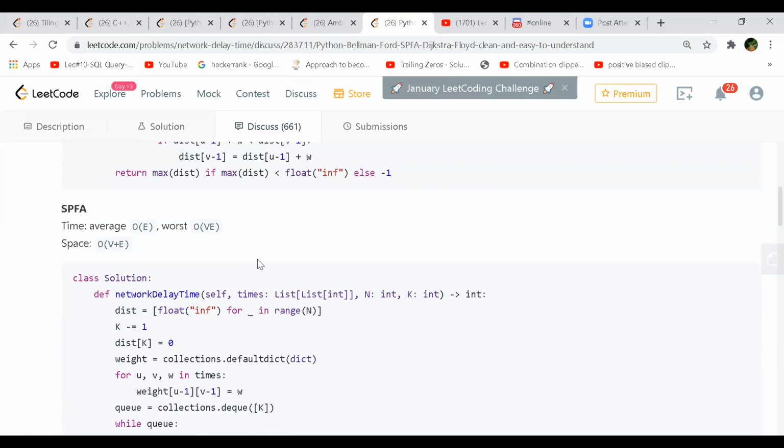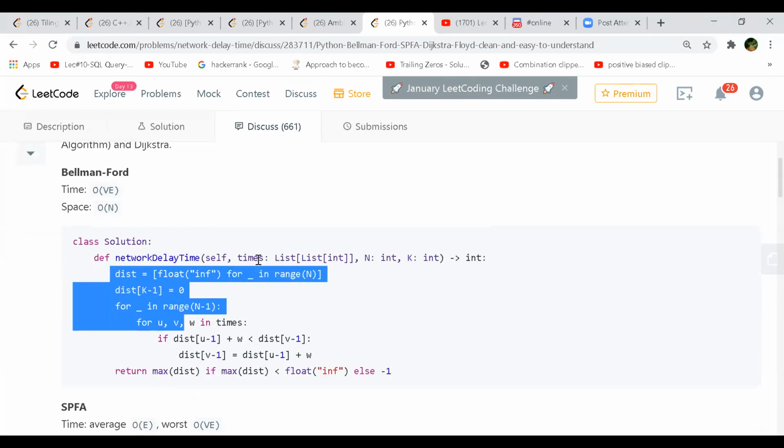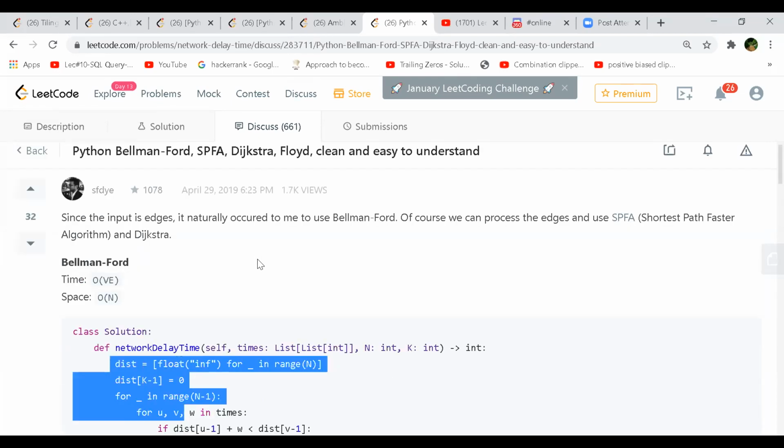That might be an overkill in our application, but in case somewhere we need it, there is no other way. We'll have to use Bellman Ford. In that case it will be better, because if you use Dijkstra and above that another for loop to find each and every node's value, that will be too much. So then Bellman Ford is more efficient.